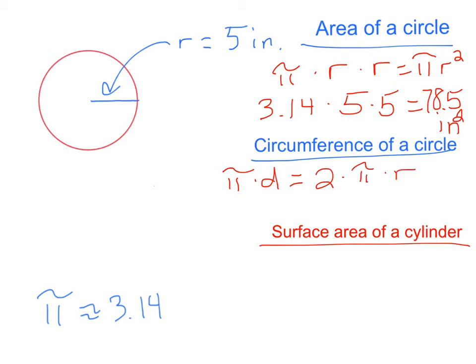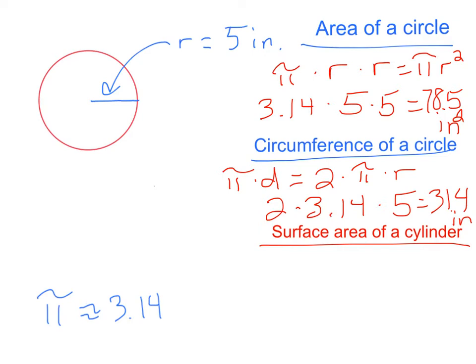So twice the radius times pi, same thing. In our calculators, we will type in 2 times 3.14 times 5, and that will give us 31.4. And that's just inches. It's not area. It's not squared.